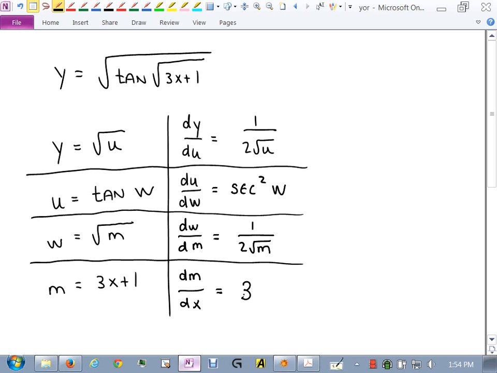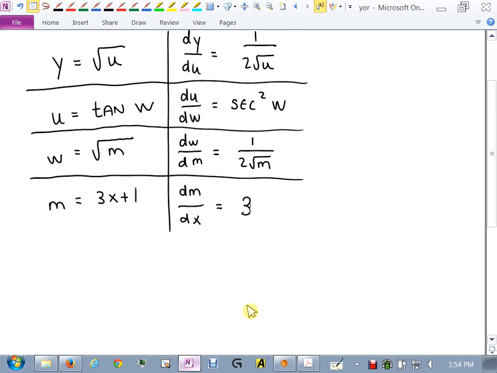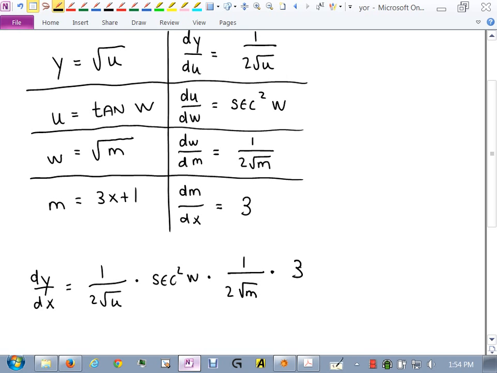That all makes sense? Our answer is this times this times this times this, written all out. So y prime, or dy dx, will be 1 over 2 root u times secant squared of w times 1 over 2 root m times 3.